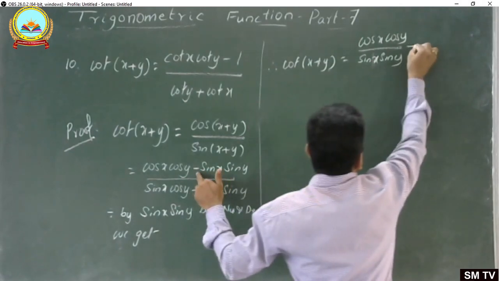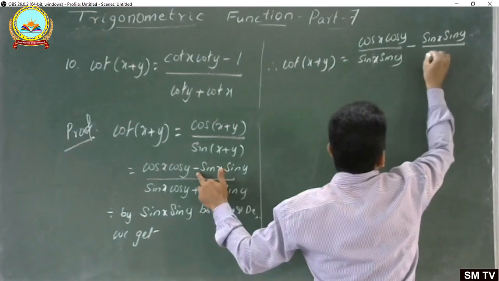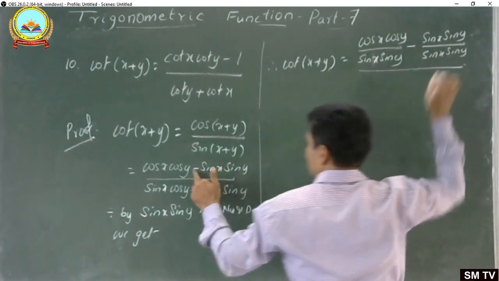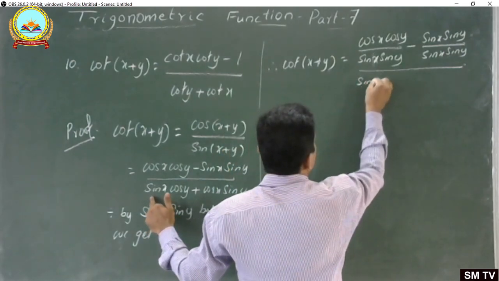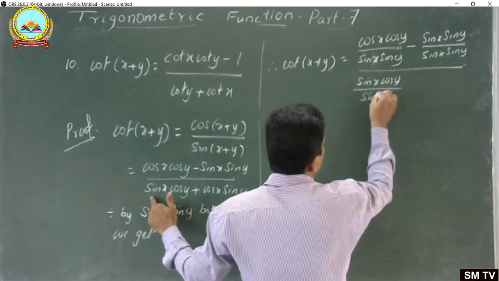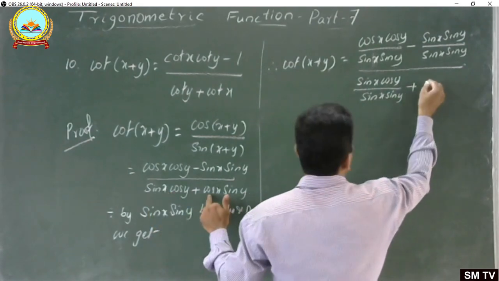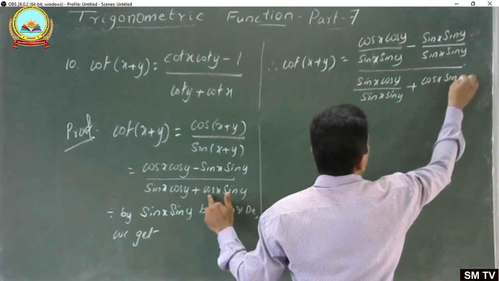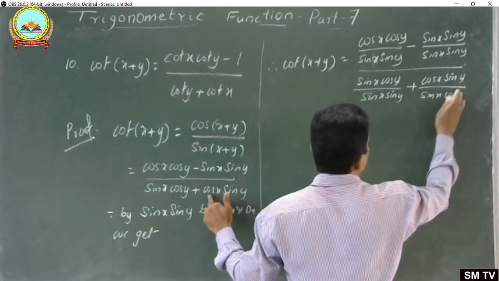The second term is minus sin of x into sin of y divided by sin of x into sin of y in the numerator, and in the denominator, sin of x into cos of y divided by sin of x into sin of y plus cos of x into sin of y divided by sin of x into sin of y.